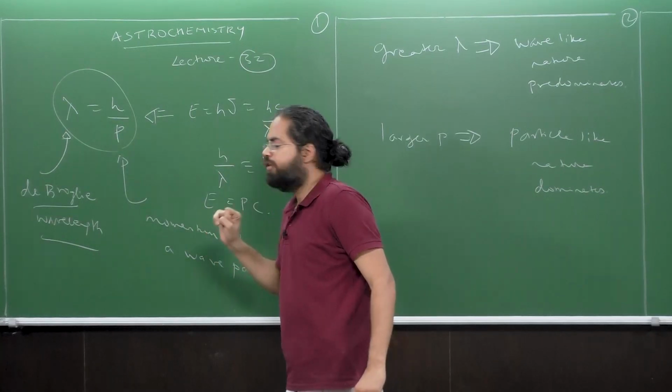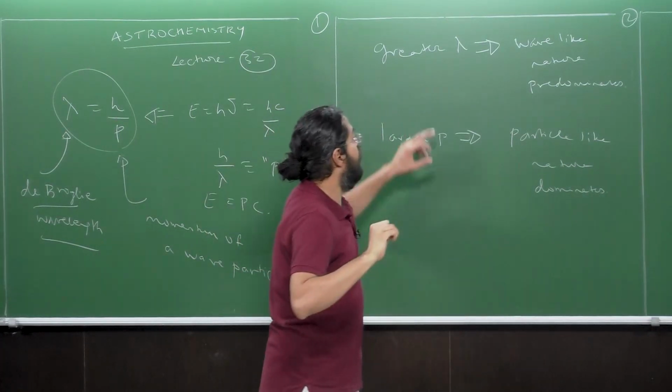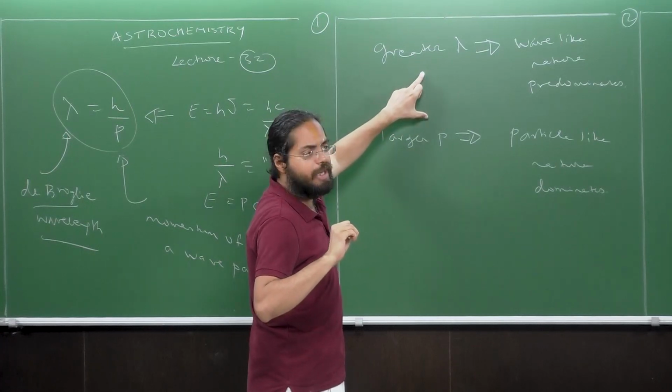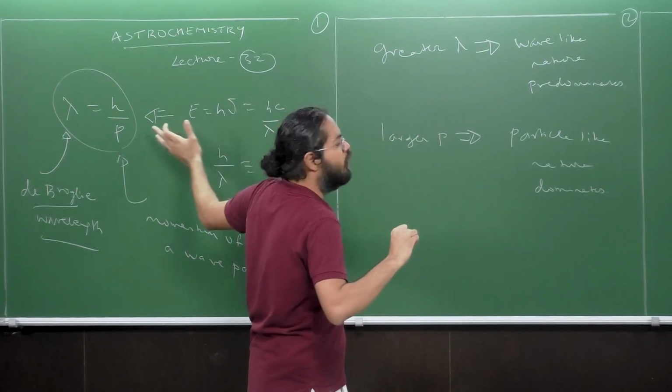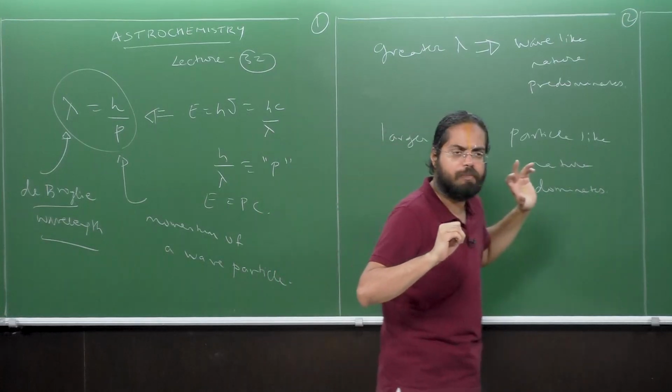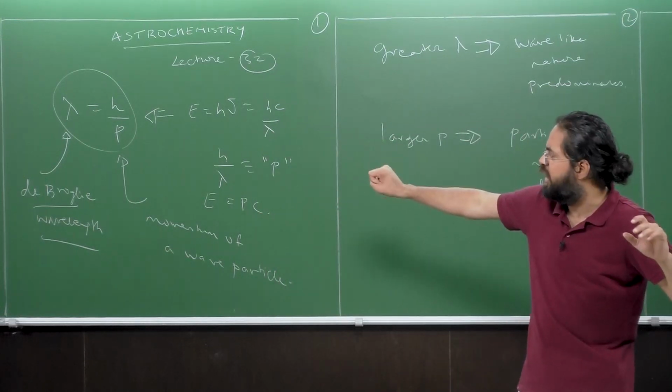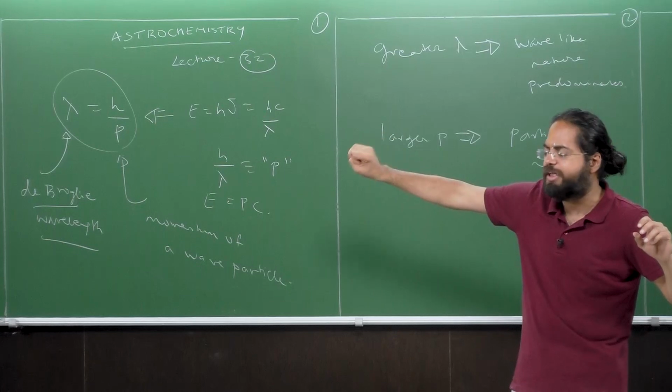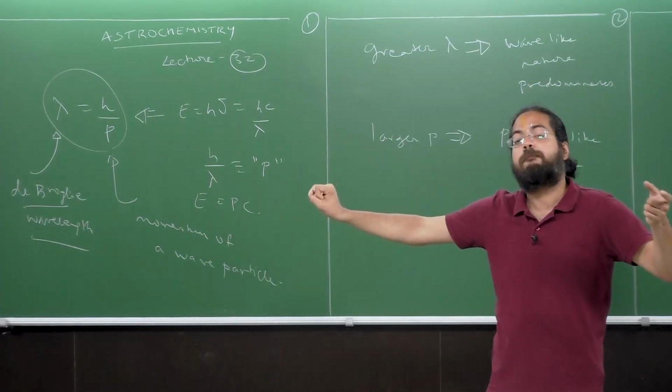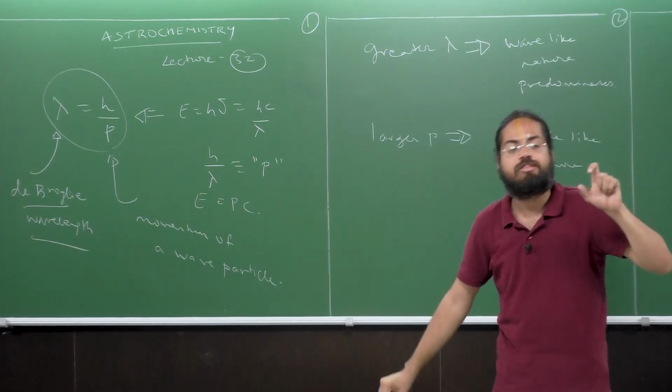Okay, so now with this idea, in fact, we can always solve a few problems using the de Broglie relationship. That we shall keep aside for the tutorial sessions and see how it is particularly useful in the context of astrochemistry itself.